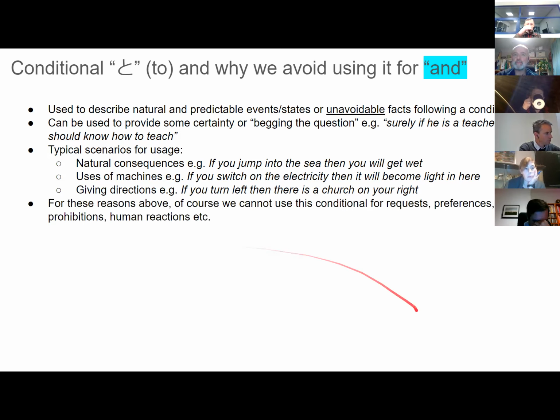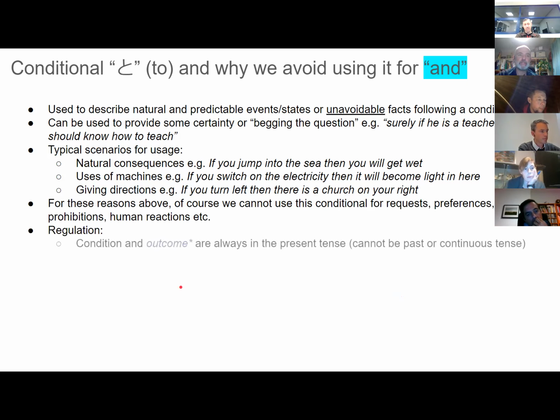So we can't use to set a conditional based on requests, preferences, prohibitions, or human reactions. The regulation is that the condition and the outcome are always in the present tense.